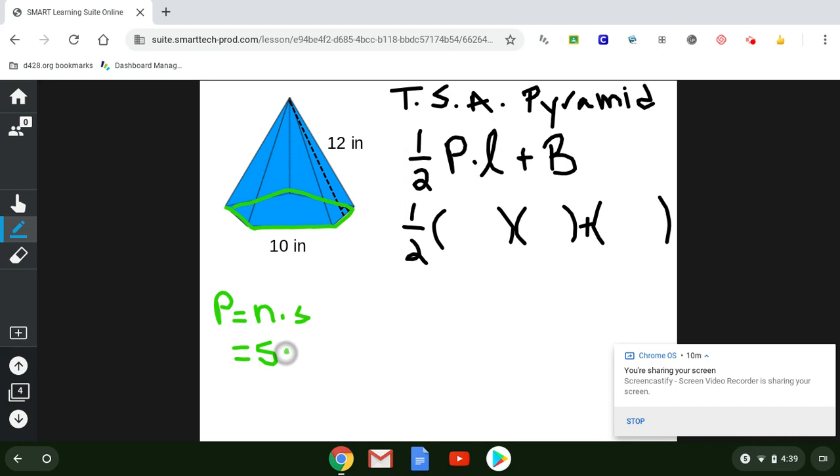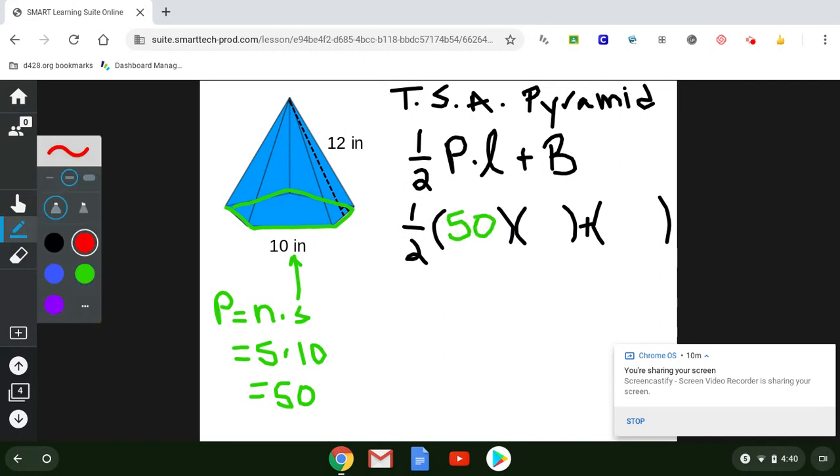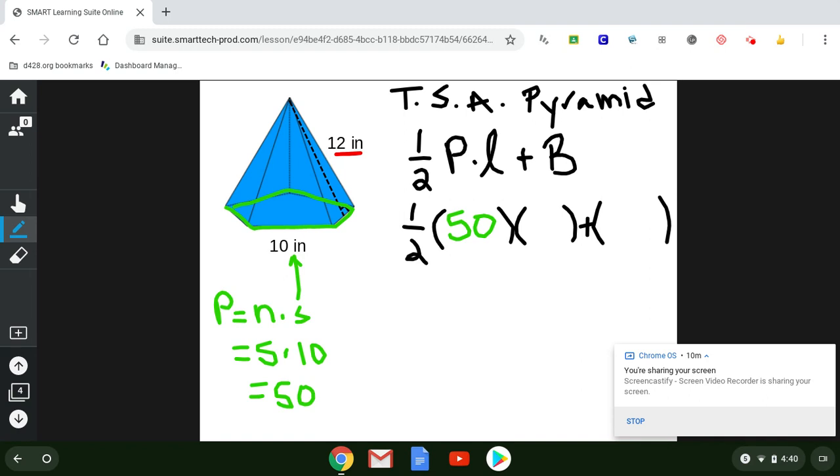And s was the side length, which is 10. So my perimeter is 50. So 50 goes here. And then the next is my L, my slant height. 12 is my slant height because it's on the face of the pyramid going down. So that's 12.